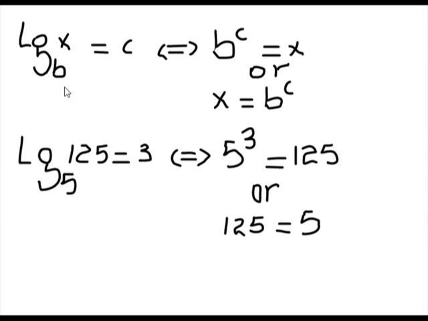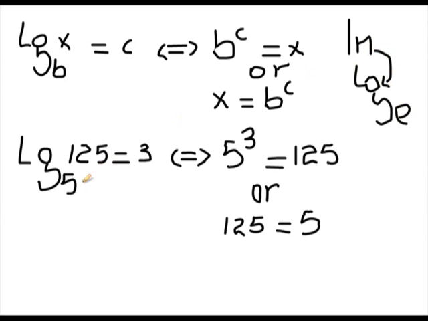Also, there is one exception. Sometimes when you have this logarithm ln, the base is e. ln is like log base e. The number e is a number equal to about 2.71.